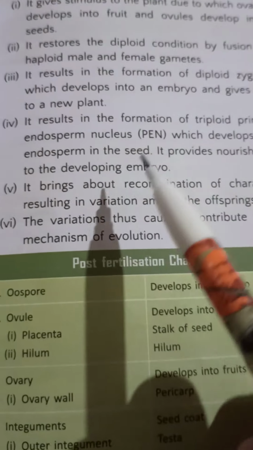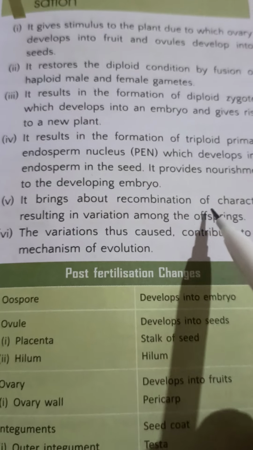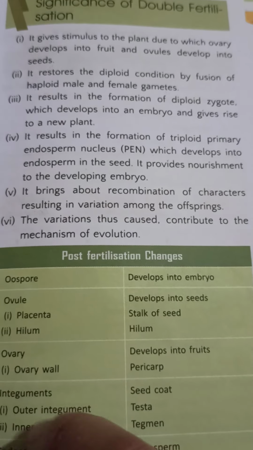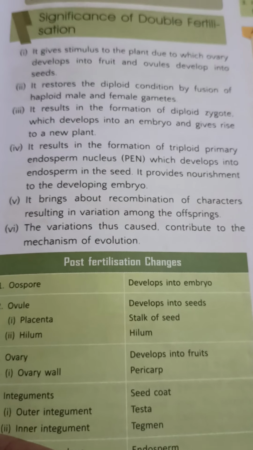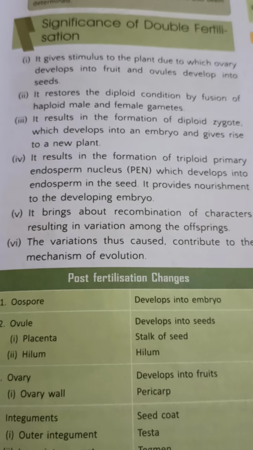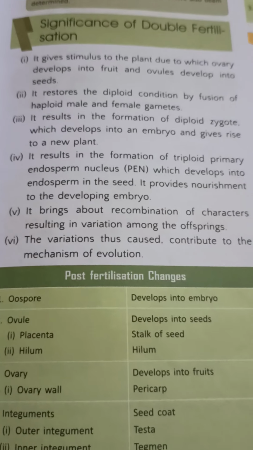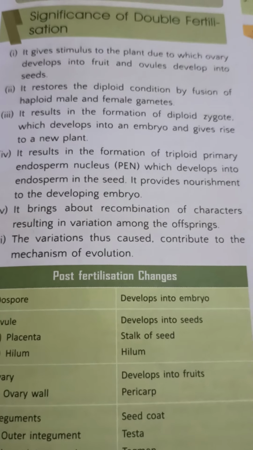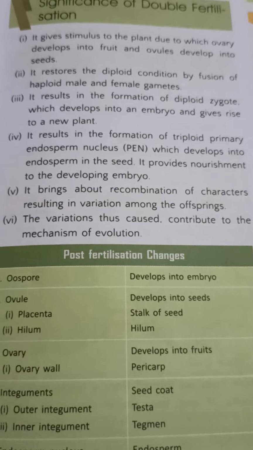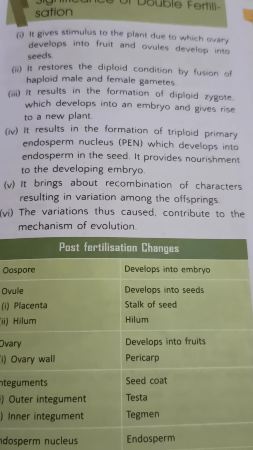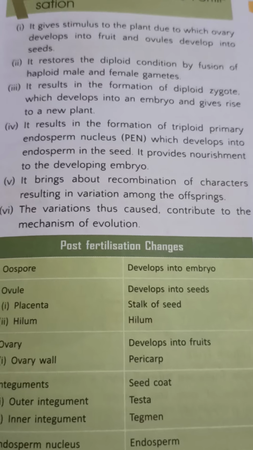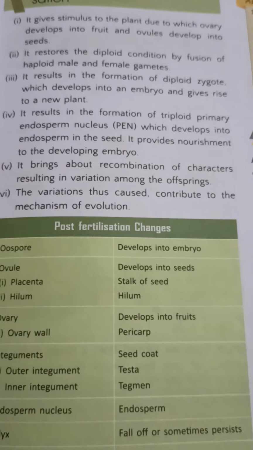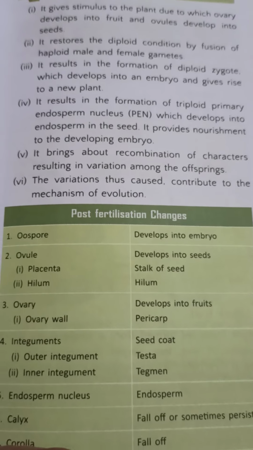Next, it brings about recombination of characters resulting in variation among the offspring, because it is sexual reproduction, because the pollen grain fertilizes the ovum, so it is the mixing of gametes that causes recombination, which results in variation, and this variation contributes to the mechanism of evolution.